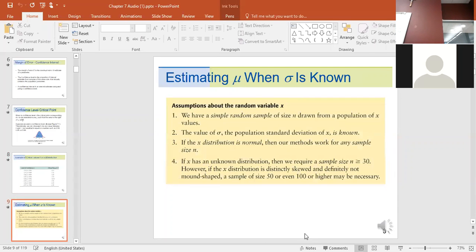The first case is if sigma is known, use the Z distribution.